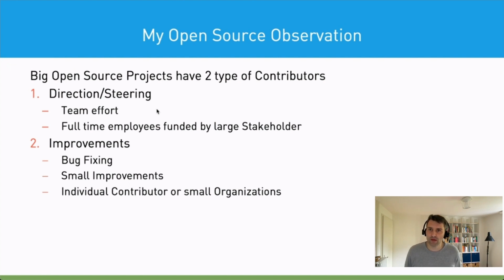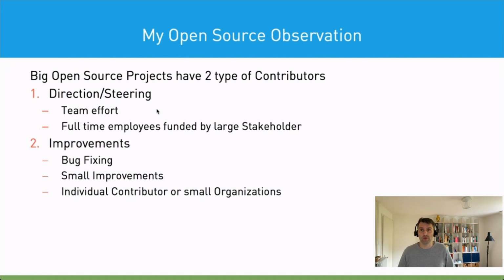We have mostly full-time employees there who work solely on this open source project, and there is a large stakeholder behind it funding the project. And of course, in this way, they can dictate and steer the direction of the project and where it is heading.